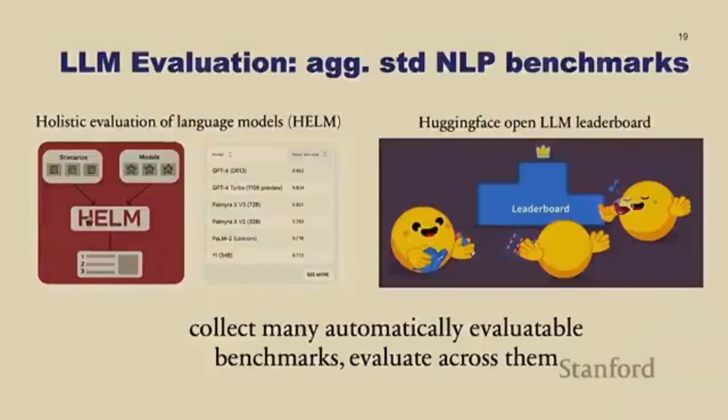Another way of evaluating these LLMs, now more common in academia, is taking all the classical NLP benchmarks, and I'll give you a few examples later, and aggregating everything. So you collect as many automatically evaluatable benchmarks as possible and evaluate across all of them.